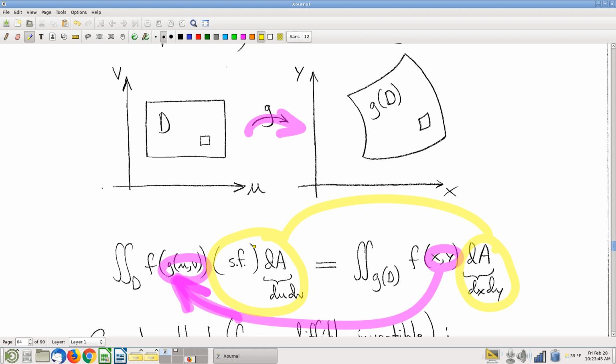It got stretched out a little bit, so you just have to keep track of how much areas got stretched out, and that factor by which areas get stretched out, uncreatively I call it the stretching factor. And so don't forget to plug that in. That's part of the plugging in. That's how we turn dx dy into an expression involving u's and v's.